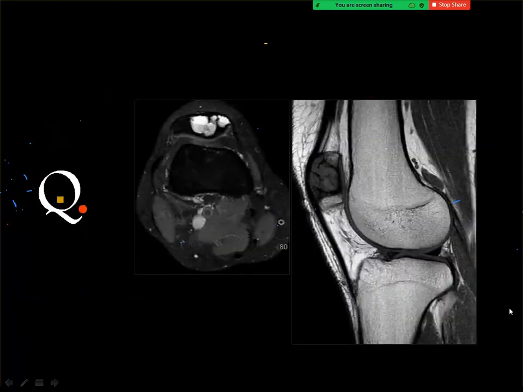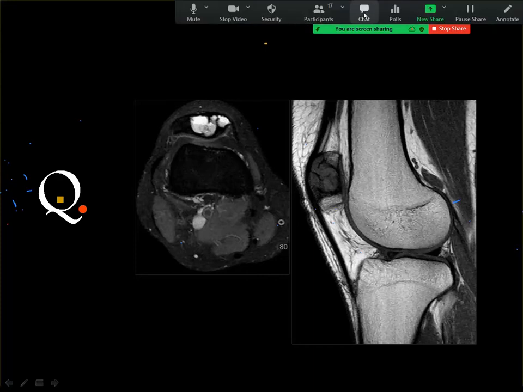Next case, this is axial STIR and sagittal T1 showing a patellar pathology. What do you think?